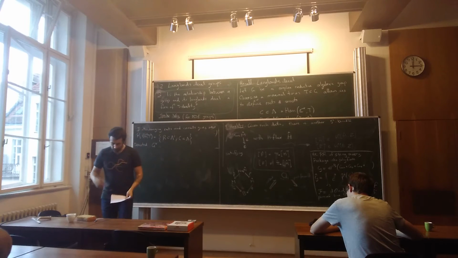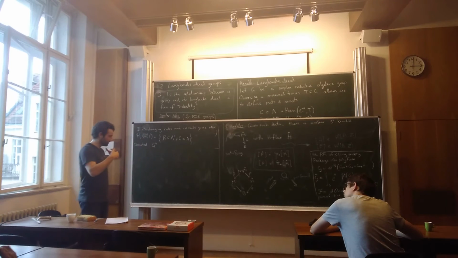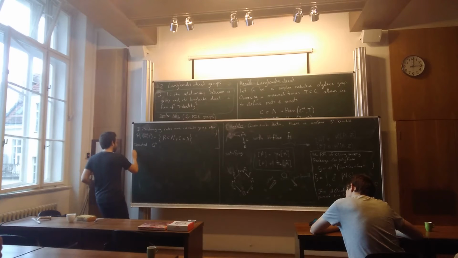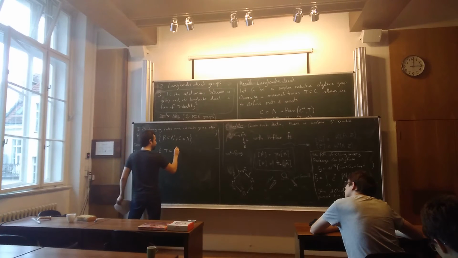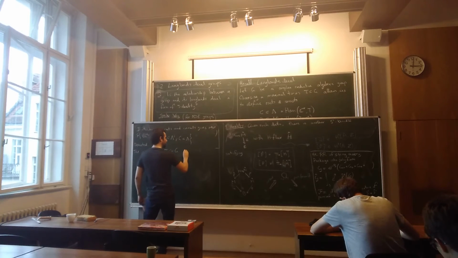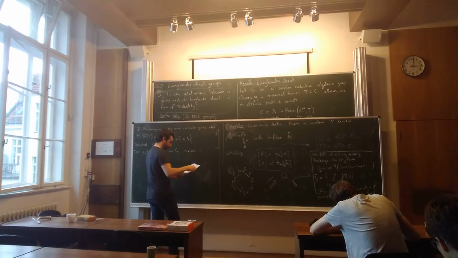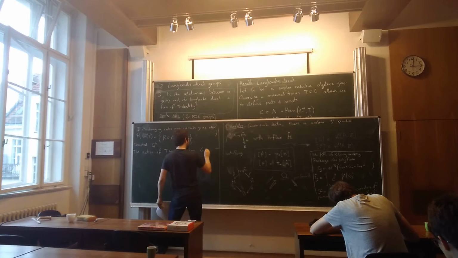So the torus acts on the group itself. This action actually makes G into a principal torus bundle. So in the sense that I had earlier, the action of T on G makes G into a principal torus bundle.